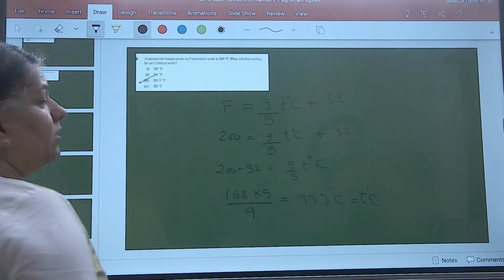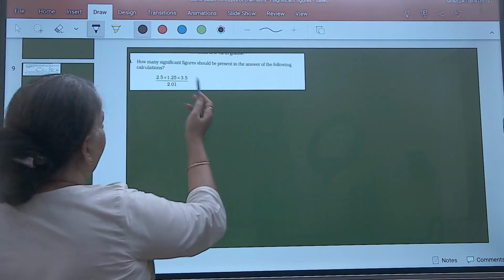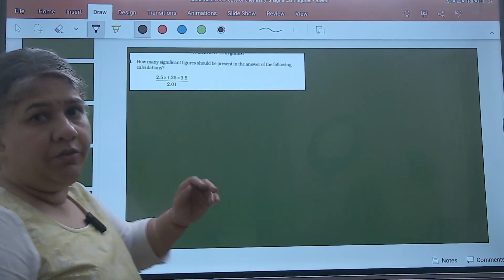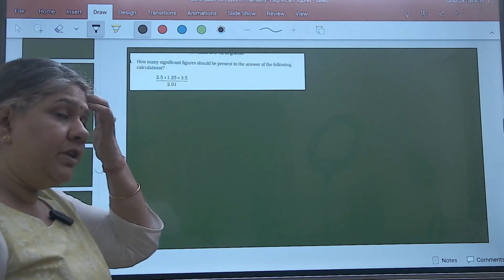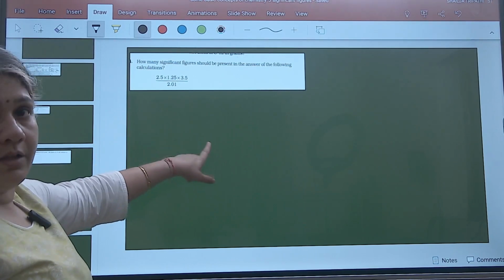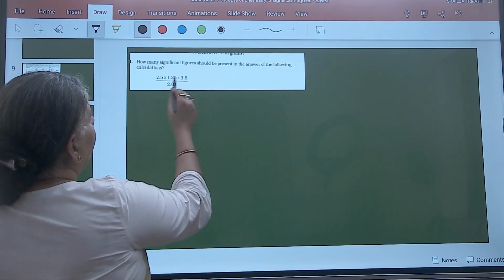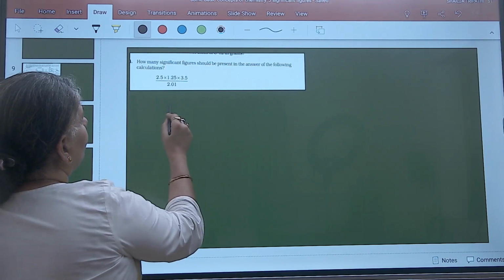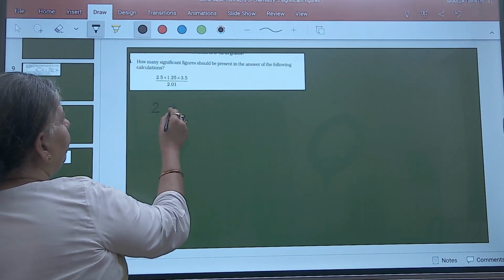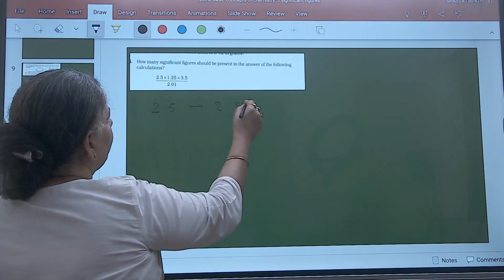Option third is correct. How many significant figures should be present in the following calculation? Again, in multiplication and division, we'll check the number which has the least significant figures and that will decide the answer. So here the least significant figure count is 2. See, 2.5 has two significant figures.